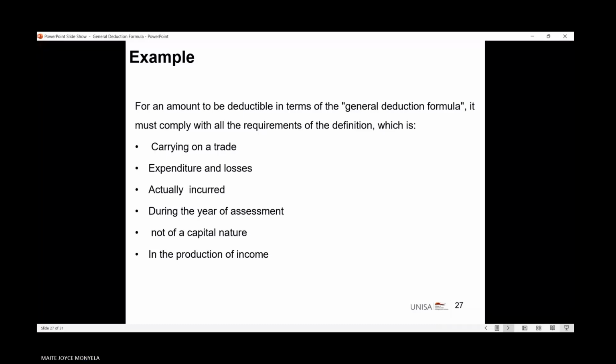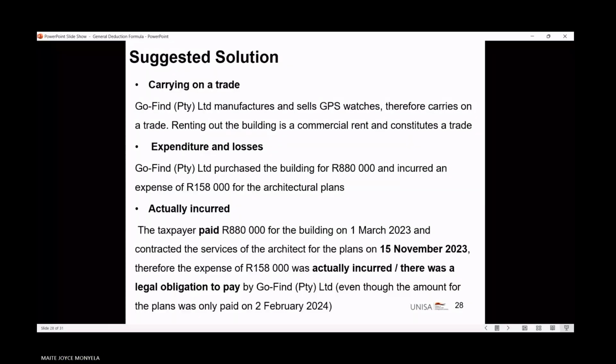So let's test it. Carrying on a trade: is Co-find carrying on any trade? Co-find manufactures and sells watches. Yes. Therefore, they carry on a trade.